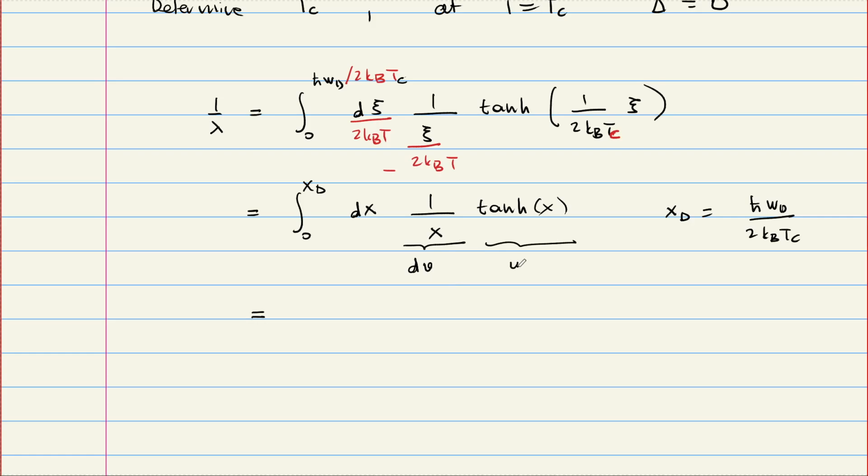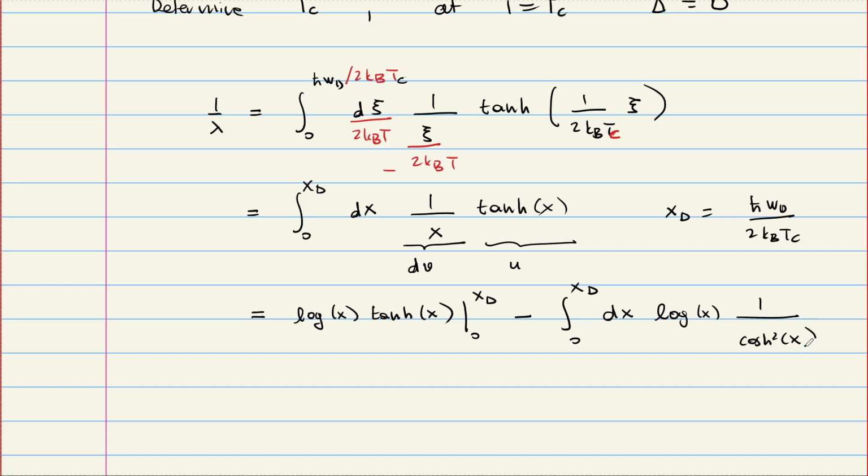So this is dv and this is u. I'm going to do integration by parts, and it's going to be log x times tanh x from 0 to xD. If I put xD, it's going to be log xD. And for very large xD, tanh is approximately 1, minus the integral from 0 to xD of dx log x, and the derivative of the tanh is 1 over cosh squared x.